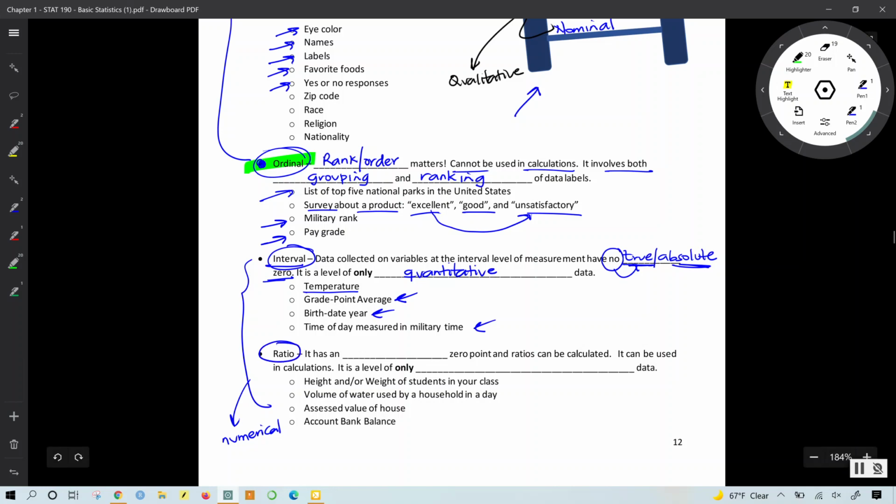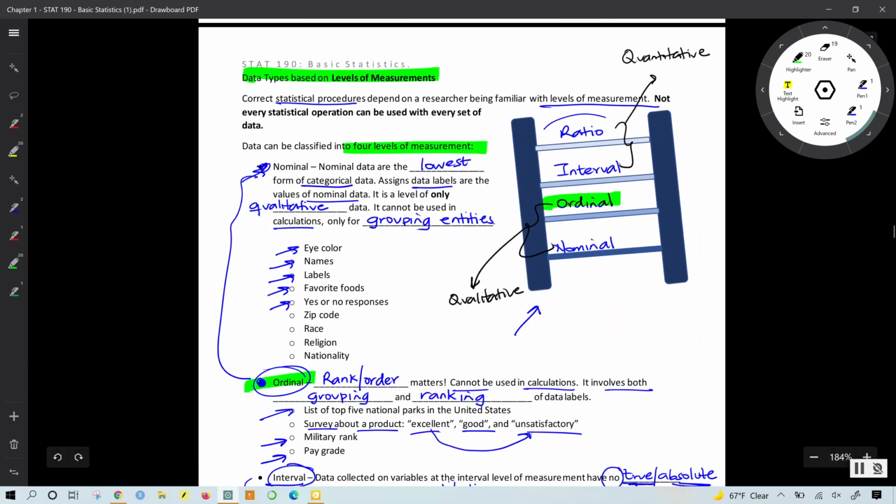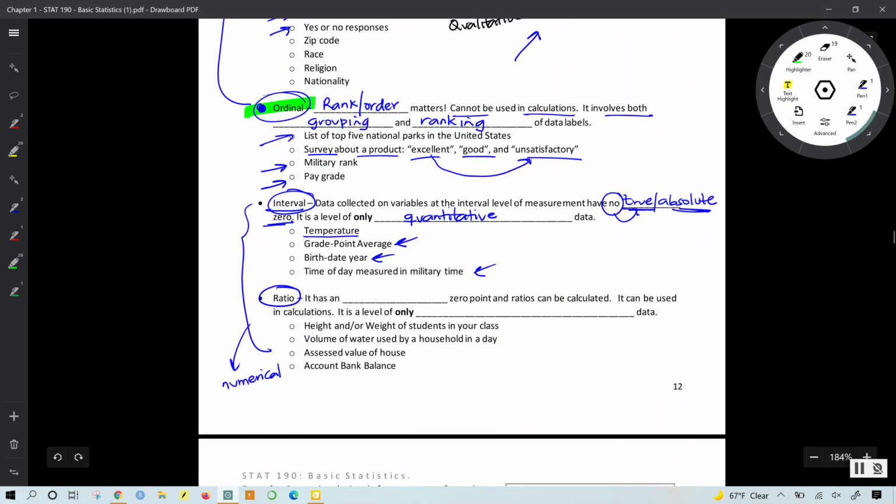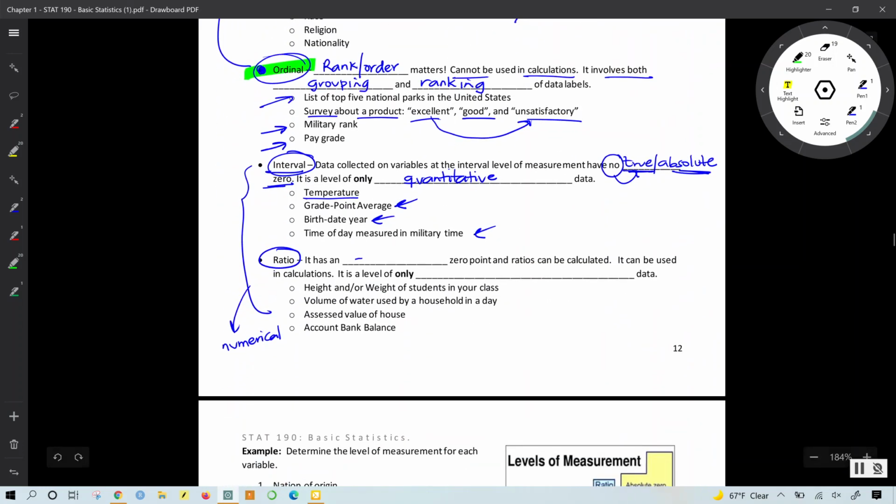Then, for ratio level of measurement, this is the highest level of measurement, and it has an absolute zero. So your bank account balance is at ratio level of measurement because it has an absolute zero. Zero balance means no money, absence of money.